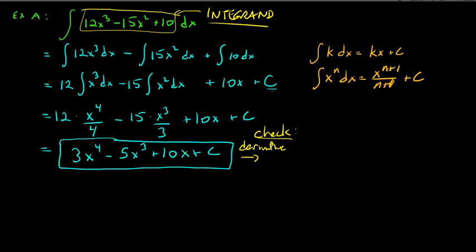We're used to this, right? So sum rule, power rule, constant times function rule. 3 times 4 is 12. And then, remember, for derivatives, you subtract 1. 4 minus 1 is 3, right? And then negative 5 times 3 is negative 15, times x to the 3 minus 1, which is 2. And then the derivative of 10x is just 10. And the derivative of c is 0, so I'm not going to write plus 0.